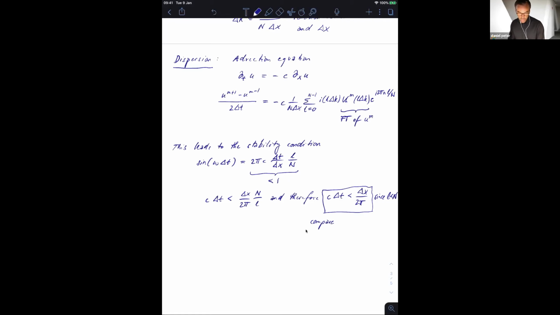If you want, compare this to a finite difference evaluation of the advection equation, we would find a condition where c delta t has to be smaller than delta x for finite differences.